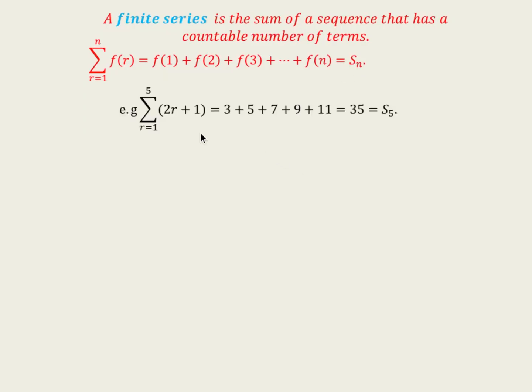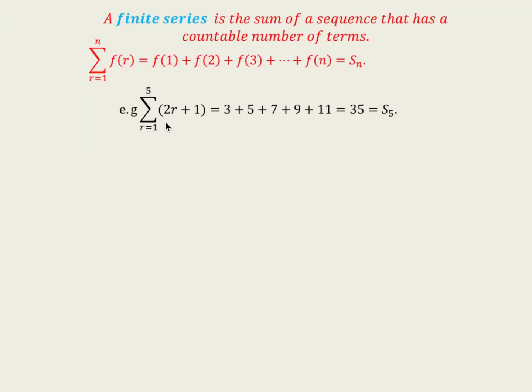An example, summation from r equals 1 to 5 of 2r plus 1 would actually be 3 plus 5 plus 7 plus 9 plus 11, which gives 35, and is called the sum of the first 5 terms. Note that the terms are generated by substituting consecutively the integers from r equals 1 to 5 in the summand or the argument of the summation.